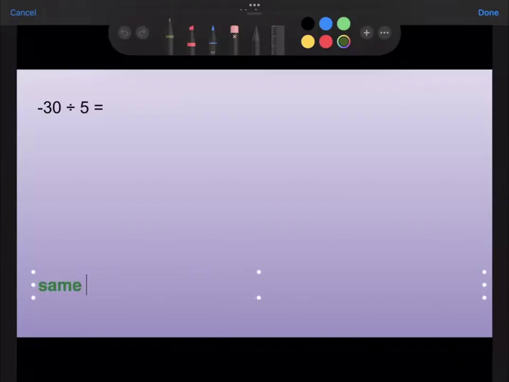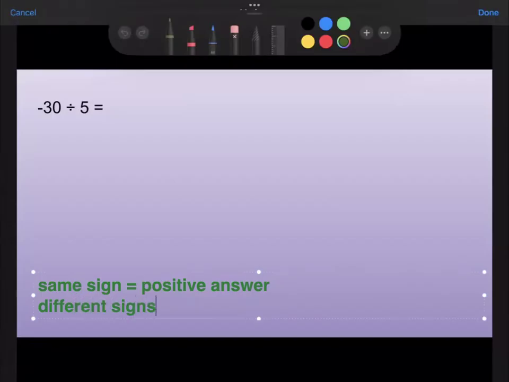If both your numbers are the same sign, either both positive or both negative, you're going to end up with a positive answer, no matter what the numbers are. If you have different signs, and that means one number is positive and one number is negative, you're going to end up with a negative answer. Again, no matter what your numbers are.